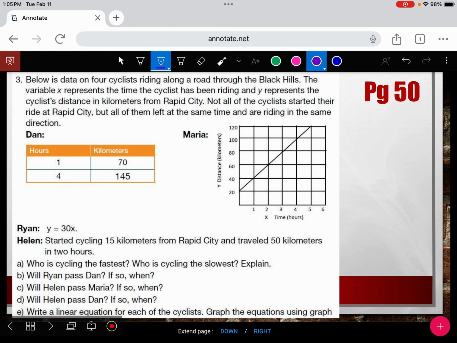And Helen, who gave us a whole story here. And what we're asked to do is try and figure out who's fastest, who's slowest, who's passing who. So we can use all of this data here to kind of compare them. Make sure we're reading these carefully. You've got a graph at the bottom of the page.